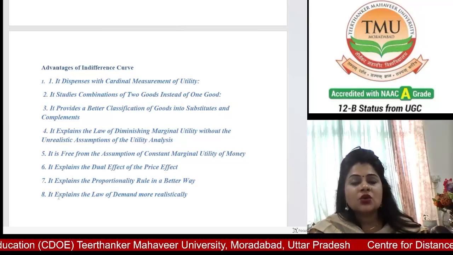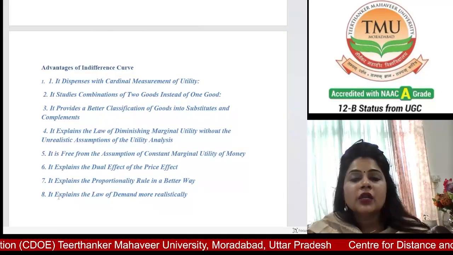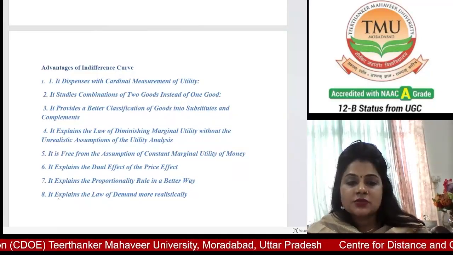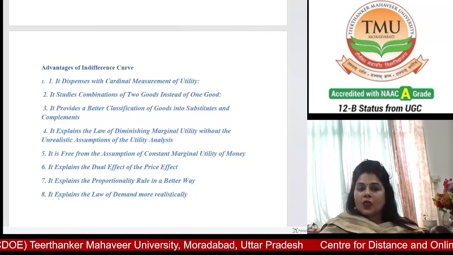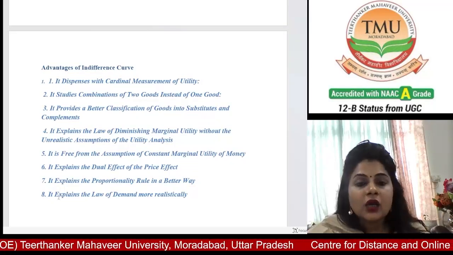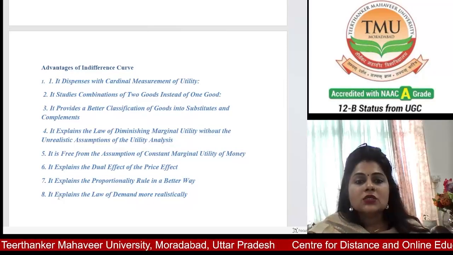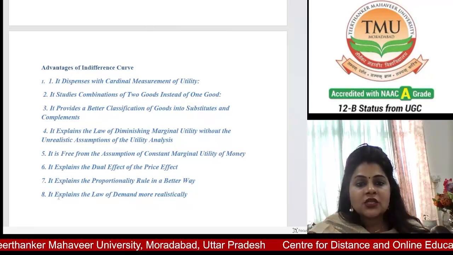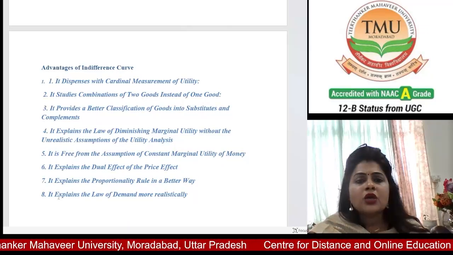In the preference theory, this law has been replaced by the principle of diminishing marginal rate of substitution. The latter, according to Professor Hicks, the founder of the ordinal approach, is not a mere transition, but a positive change.